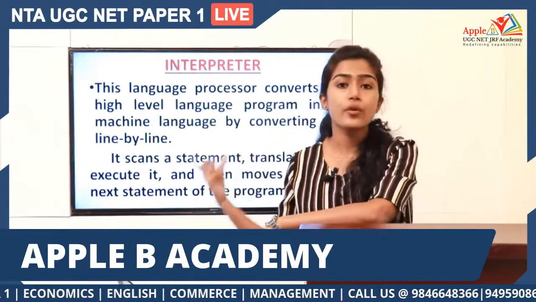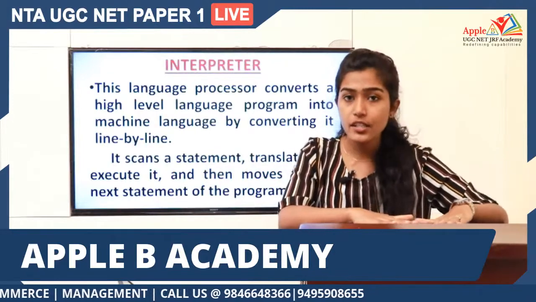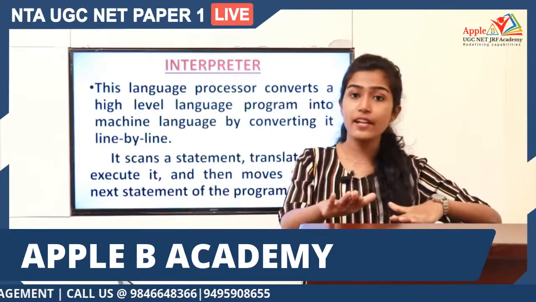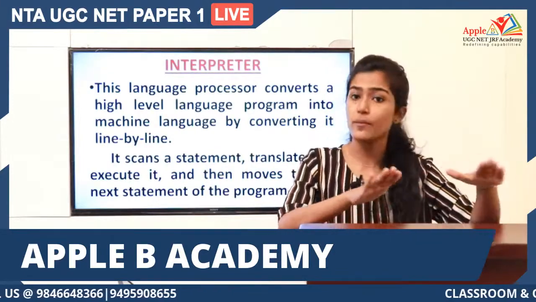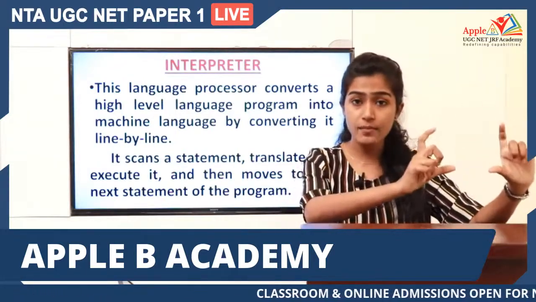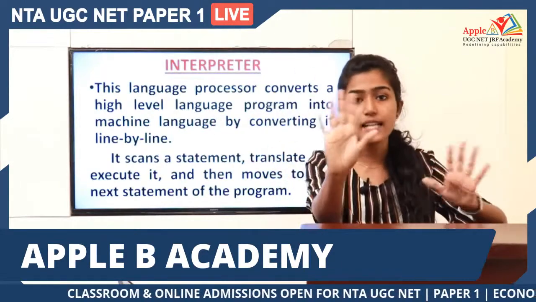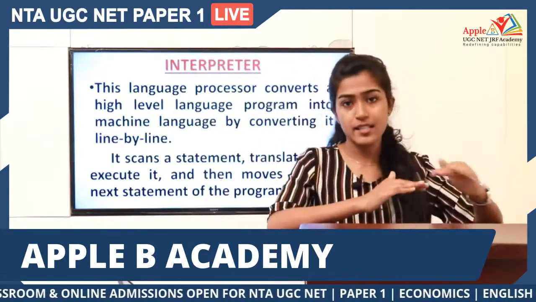Then only it moves to the next statement. So when we are using an interpreter to translate the high-level language into machine code, it scans a particular statement, translates, executes. Then only it moves to the next statement. That is what happens in an interpreter. It's a step-by-step process.